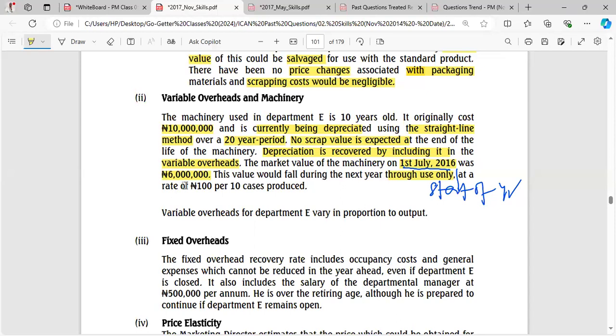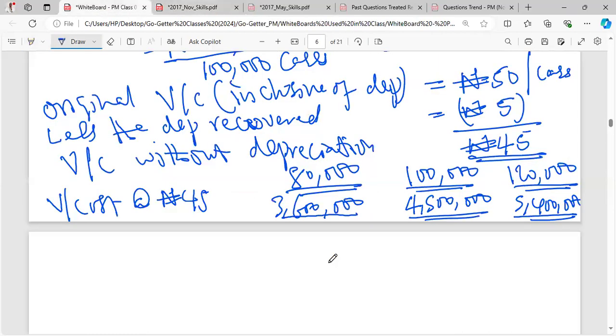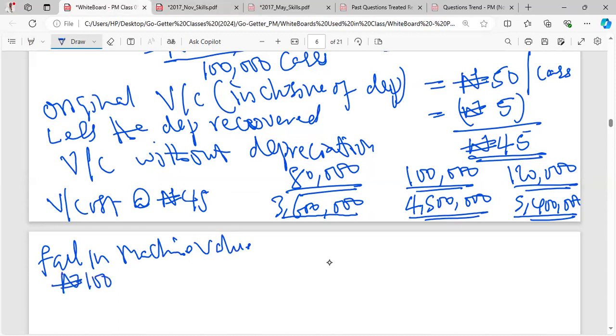Now, at the rate of 100 naira per 10 cases. So I'll come here, fall in machine value is 100 naira per 10 cases, which is the same thing as saying 100 over 10, which is 10 naira per case.